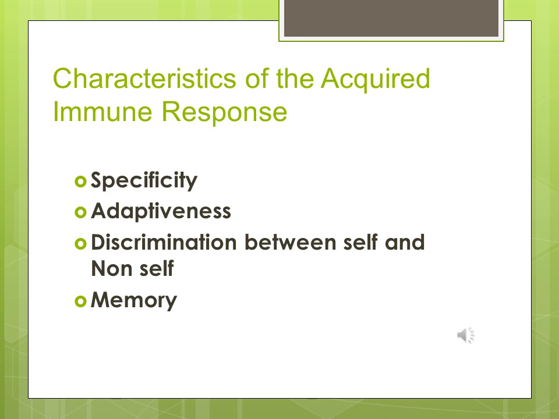Number three, discrimination between self and non-self. It is the ability to recognize and respond to molecules that are foreign or non-self and to avoid making responses to those molecules that are self. This discrimination is conferred by specialized cells known as lymphocytes that bear on their surface a specific antigen receptor.